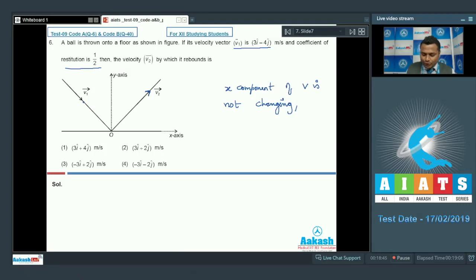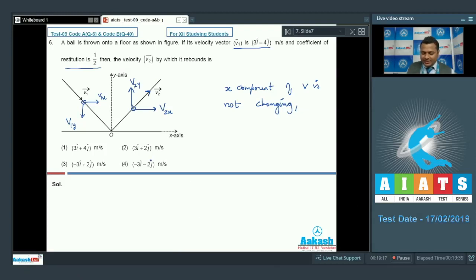Now let us break into components. v1 has one component in the x direction, v1x, and a y component in the negative y direction, that is v1y. Similarly, break v2 into its components. One will be toward x, that is v2x, the other toward positive y, that is v2y.